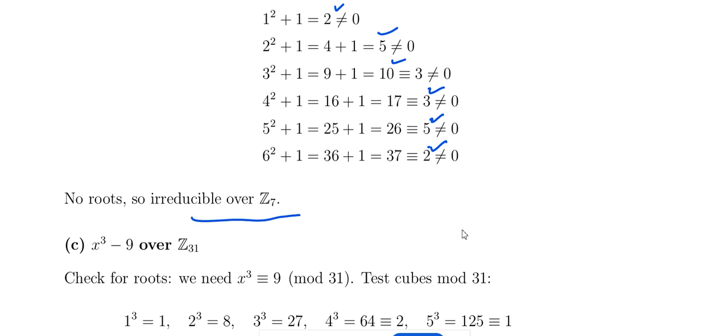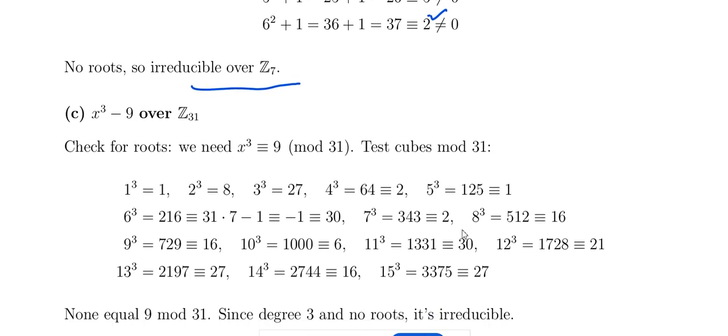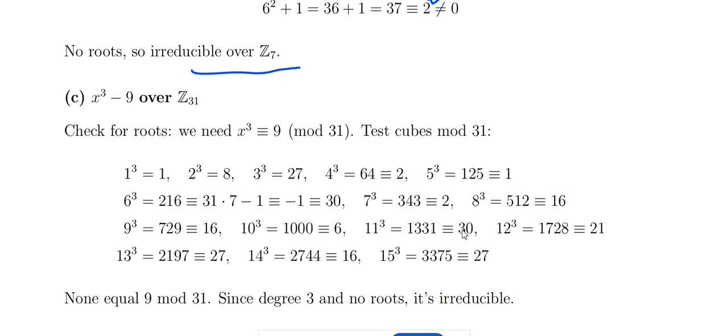The same way, x cube minus 9 over Z31. To check this, x cube congruent to 9 modulo 31, that is the cubes modulo 31: 1 cube, 2 cube like that, 3 cube and 4 cube.